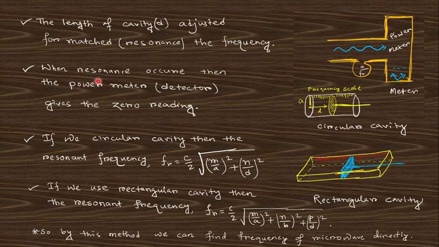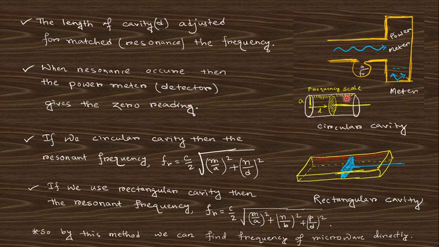So they produce a resonance, right? When the resonance occurs, the power meter detector gives 0, because at resonance the total energy is trapped within this cavity. So we do not get any power in this meter. When we get zero power in this meter, you can say resonance is happening.